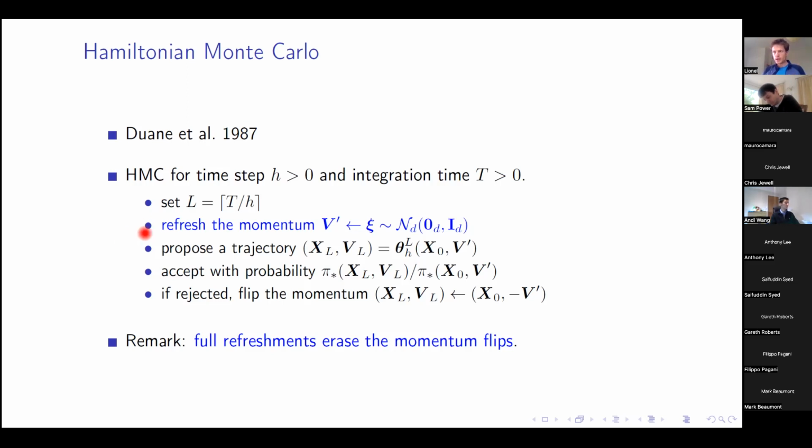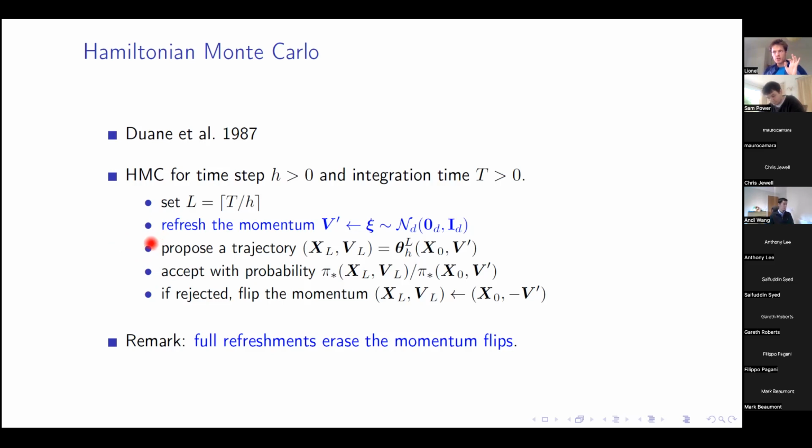The second one is the composition of these last three steps here, that proposes a deterministic trajectory and then accepts or rejects it with a certain type of Metropolis correction that actually takes advantage of the fact that we have some particular structure of this proposal here.